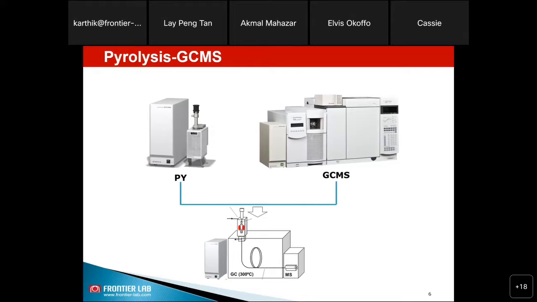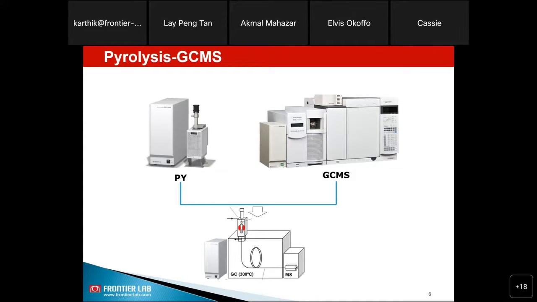The pyrolyzer is actually a sample introduction system where you are able to introduce a solid or liquid sample and treat it at very high temperature, which is normally not possible with a standard GCMS, because your inlet temperature is around 300 degrees and you cannot introduce any solid sample unless you combine it with some headspace accessory or other equipment.